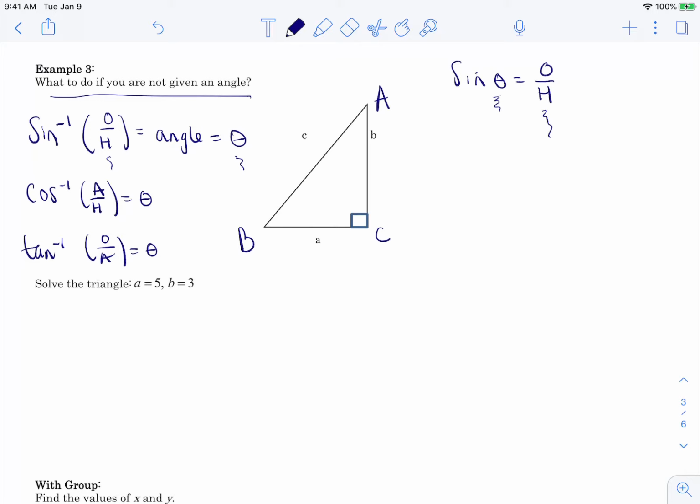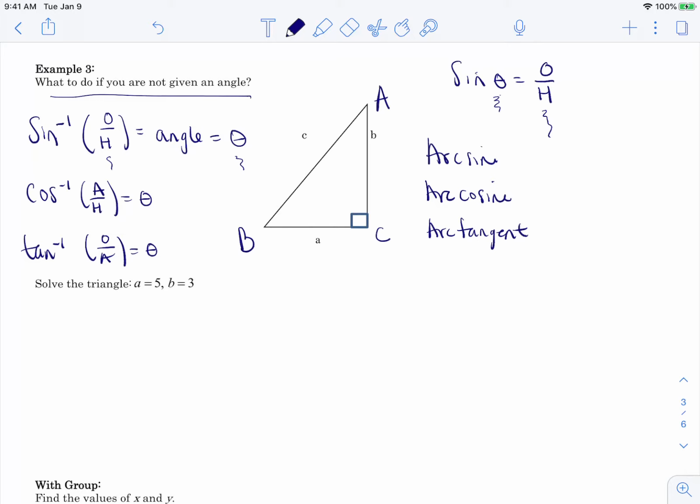Another way you might hear me refer to these is arc sine, arc cosine, arc tangent. It's just another way to say inverse.